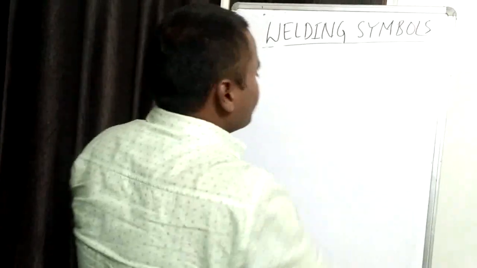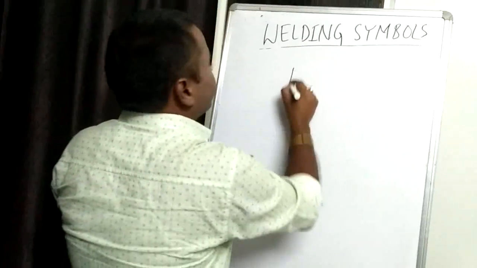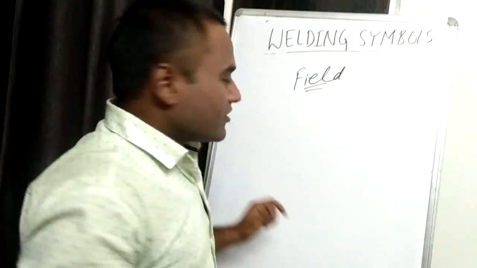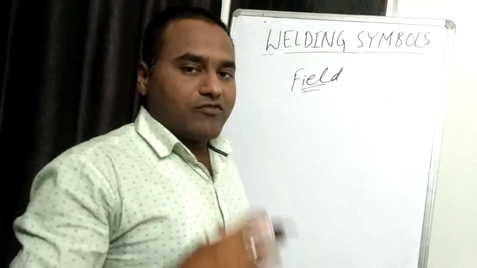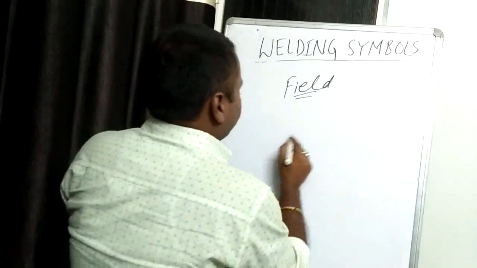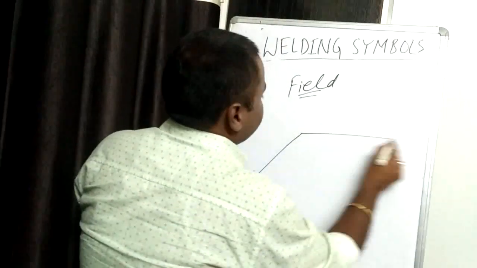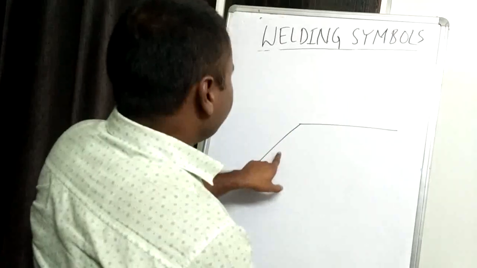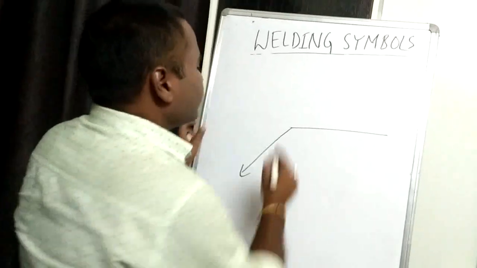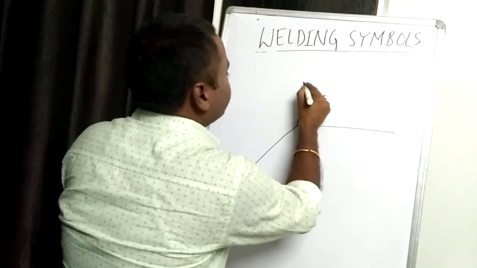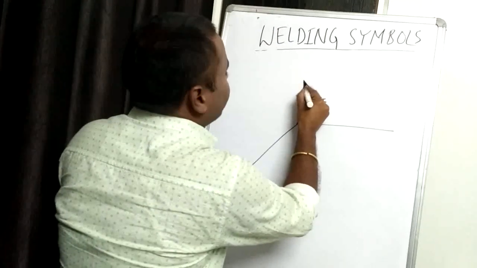One more very important symbol is field joint. Suppose instead of the fabrication shop, we have to weld a specific joint at the site, at the erection site. Then for field joint, at the junction of arrow line and reference line, this symbol has to be used. A flag like symbol.